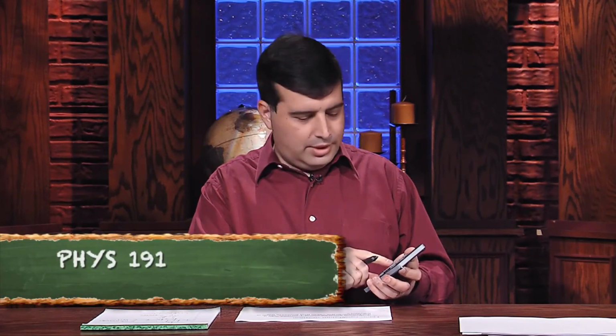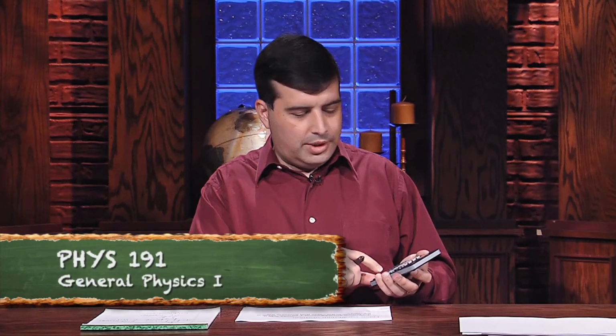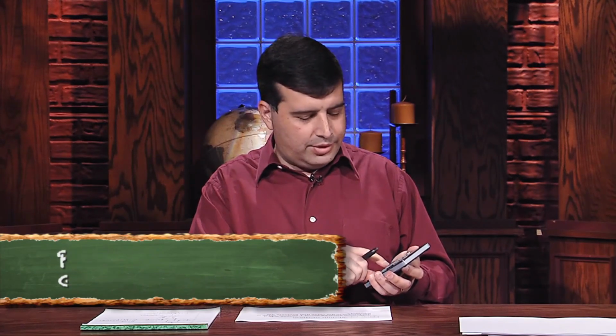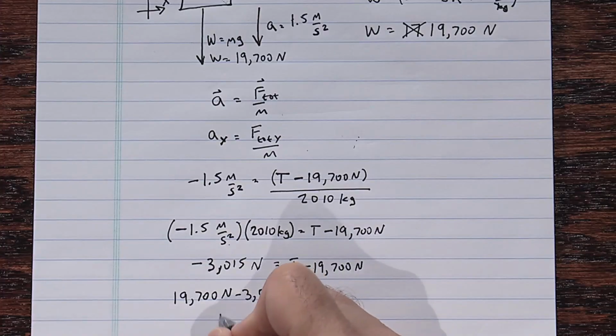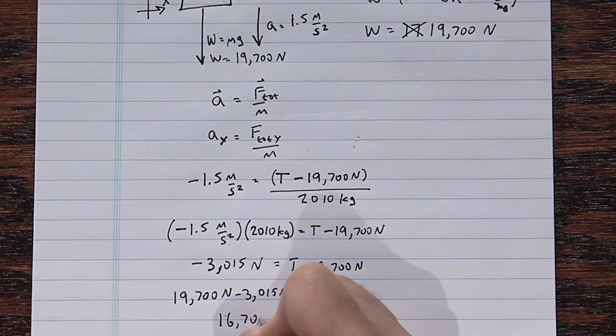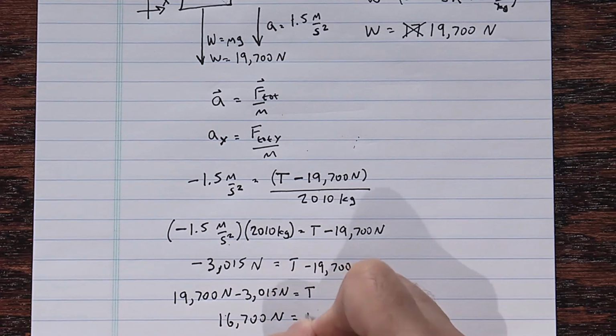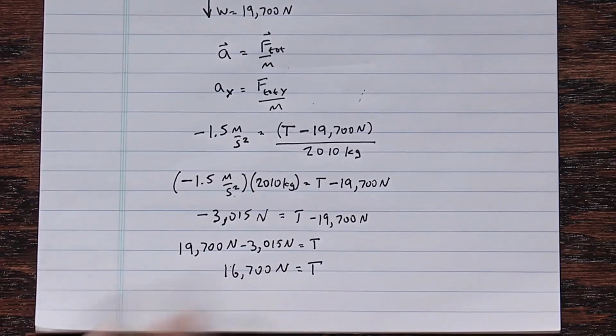Well, 19,700 newtons minus 3,015 newtons gives us, I'm going to round off, 16,700 newtons equals tension. And we've answered the question that we were asked, which was, what is the tension in the cable? The tension in the cable is 16,700 newtons.